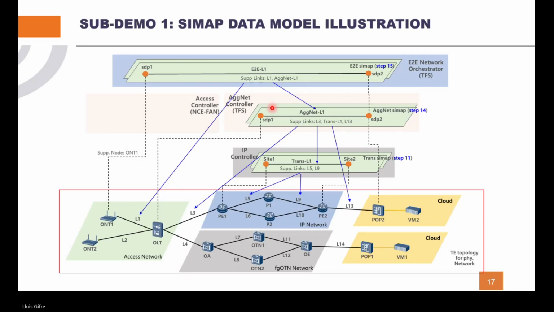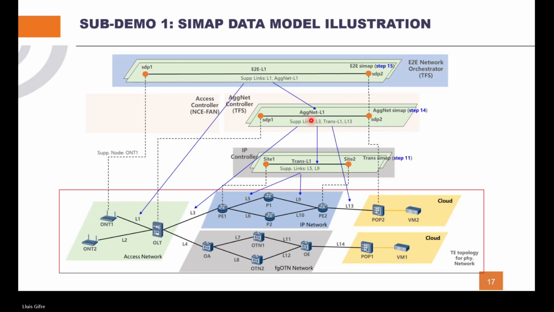So then our platform, what it does is, when you ask for a subscription to the end-to-end network orchestrator for the end-to-end L1 link, it automatically triggers the creation of all the underlying required subscriptions towards the different layers of controllers and the different specific resources.